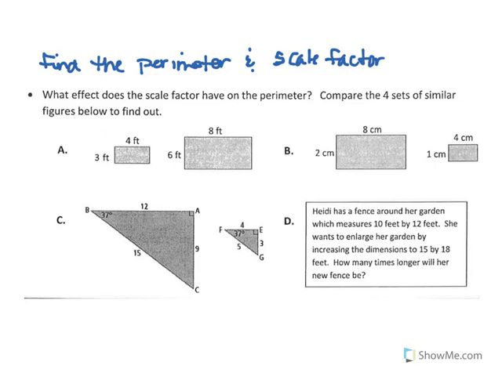So please, for D, let's go ahead and draw two rectangles. The first one would be 10 feet by 12 feet. And the second is going to be a little bit larger. And we have 15 feet by 18 feet.